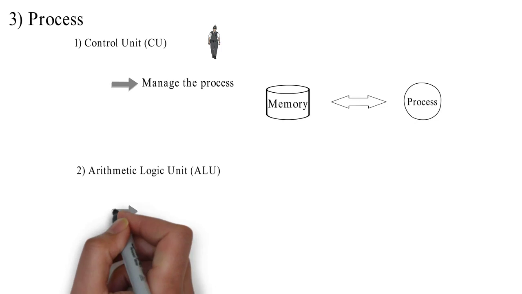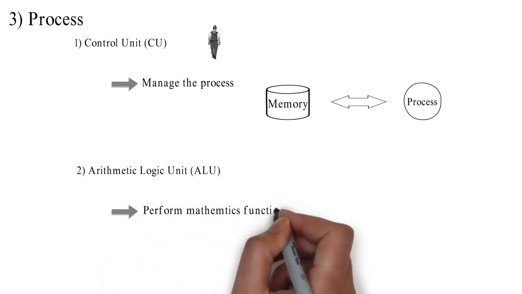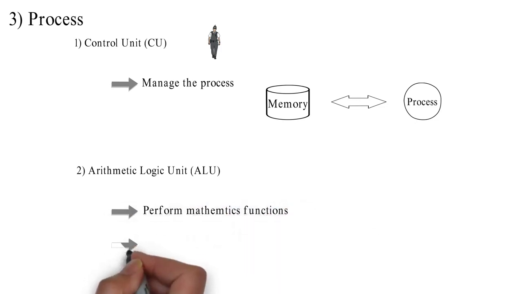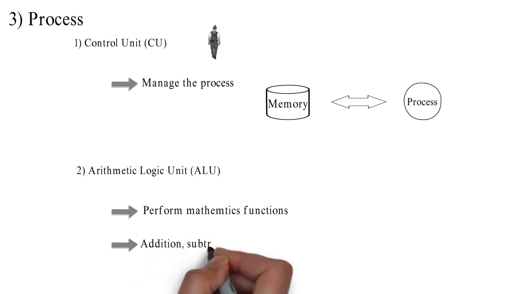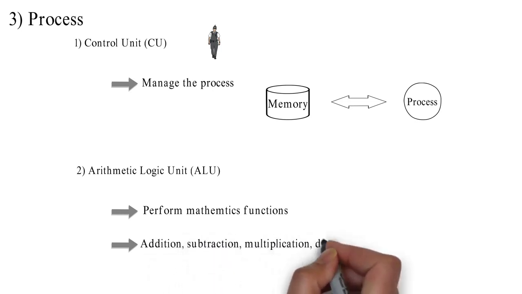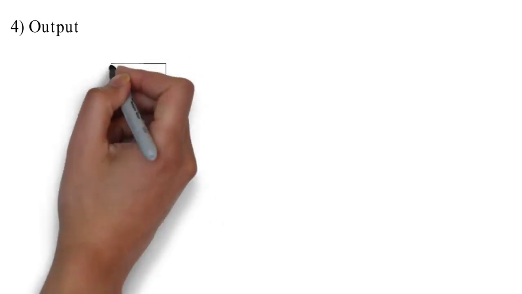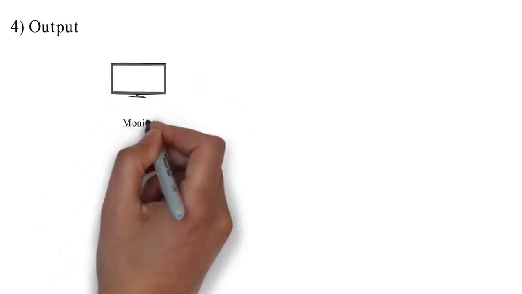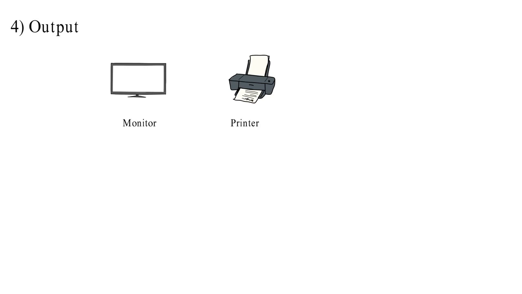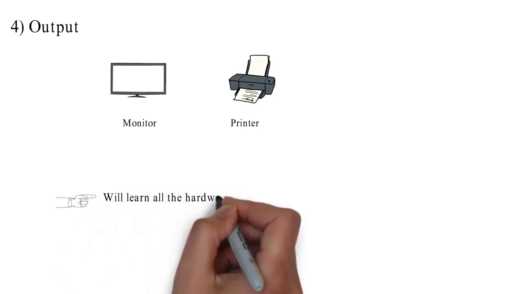The role of the ALU is to perform mathematics calculation, like addition, subtraction, multiplication, division, etc. 4. Output. The output display through the monitor, printer, etc. We will learn the working of hardware later in detail.